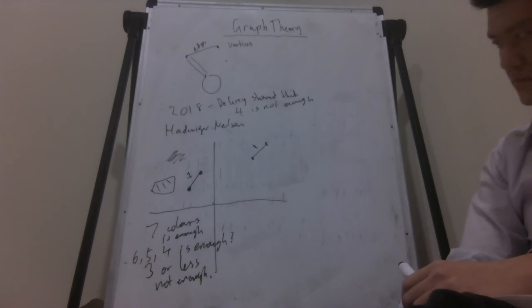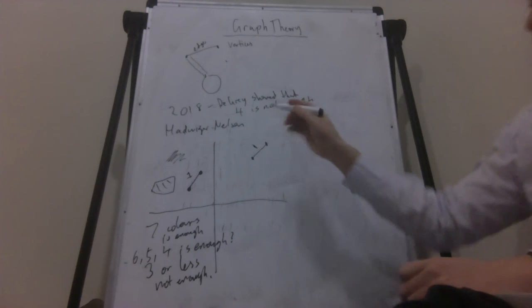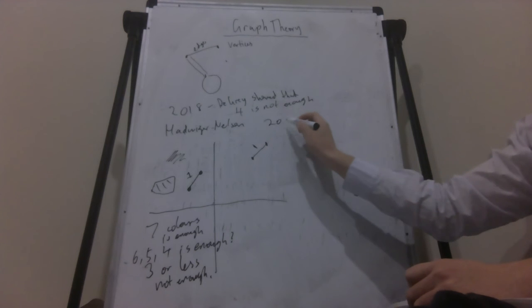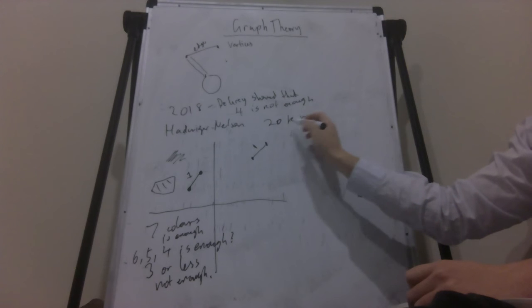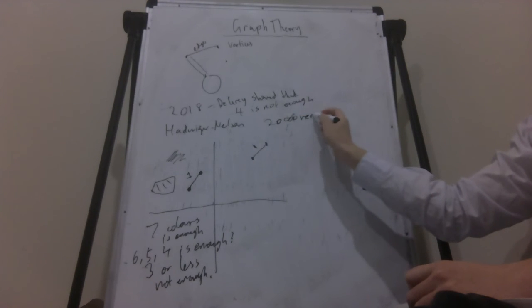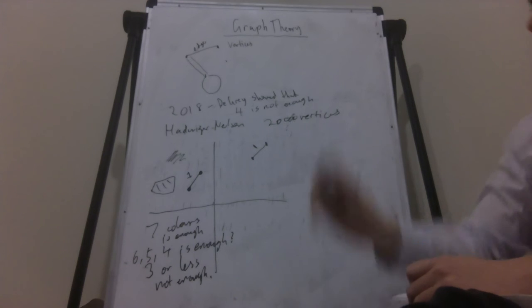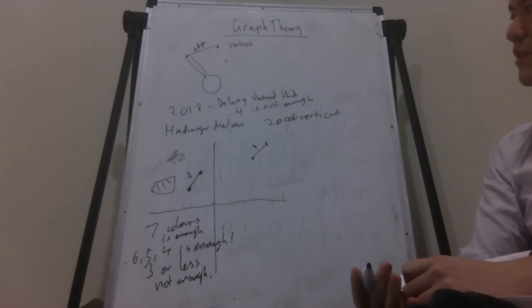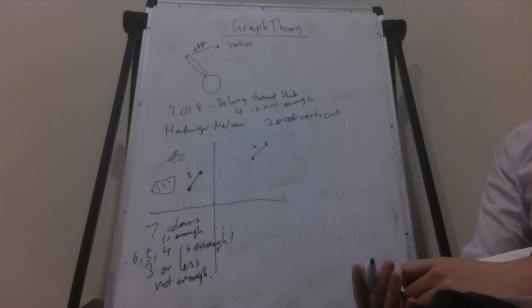Okay, and the example is kind of interesting as well, because at first the first example he came up with had like 20,000 or so vertices. Okay, so if you measure the simplicity of the example by the number of vertices, 20,000 might seem like a lot.